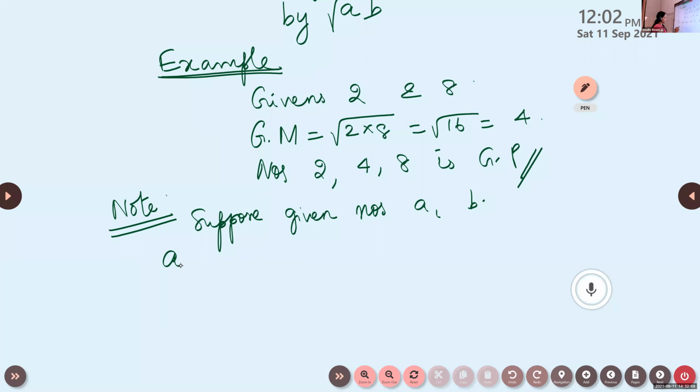Between A and B, we can insert n geometric means G1, G2, G3, up to Gn, so that the resulting sequence is a geometric progression. The sequence A, G1, G2, up to Gn, B is a geometric progression.